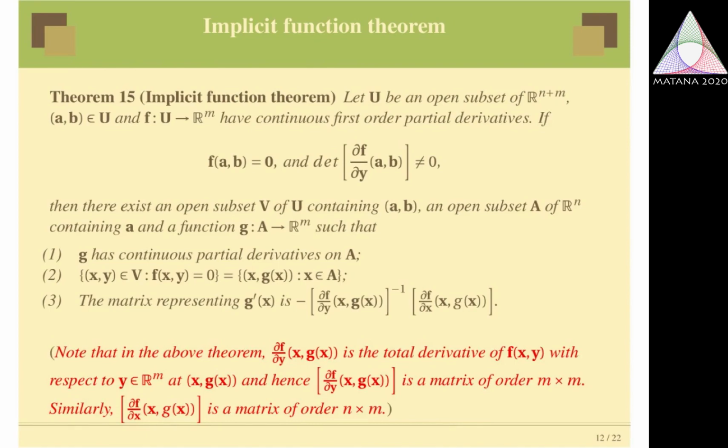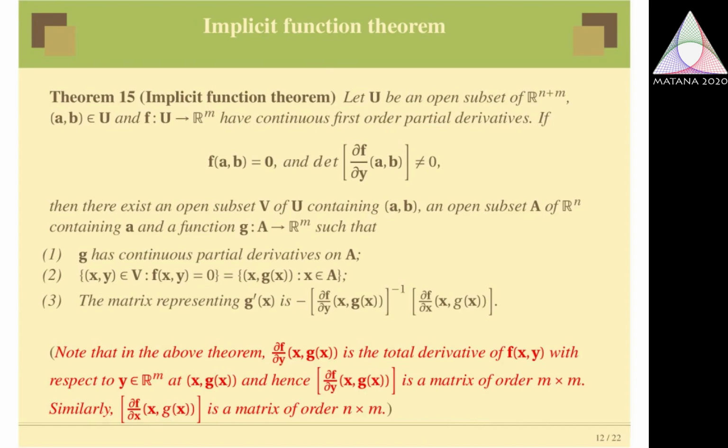Now we state the implicit function theorem. Let U be an open subset of R^(n+m), (a, b) a point of U, and f a continuously differentiable function from U into R^m.